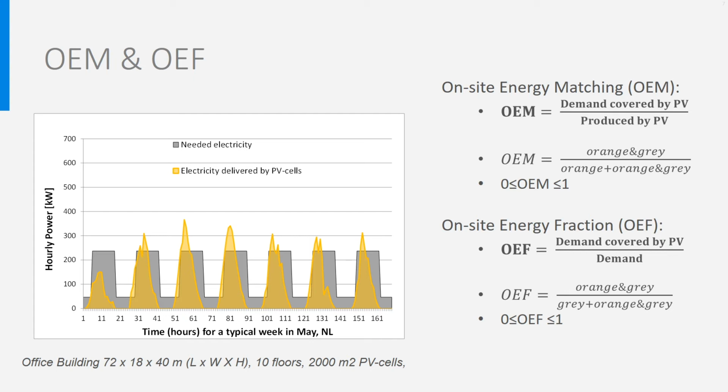One could also say that 1 minus OEF represents the electricity that must be brought from the grid or taken from a battery. In our example, the OEM is 0.87, meaning that 87% of the electricity produced that week was directly used in the building. The OEF is 0.54, meaning that this covered only 54% of the total demand.